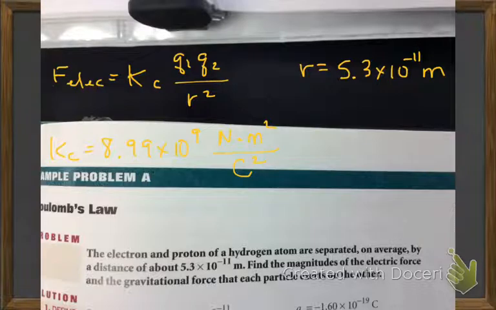You've got your Kc value. Q1 and Q2, that's the charge of the proton and electron, numerically exact same value. One's positive and one's negative, 1.6 times 10 to the negative 19th coulombs. And then your R value, that's the distance between the two, plug that in as is. And make sure you square your R value. Once you get your answer, let me know what you've got.